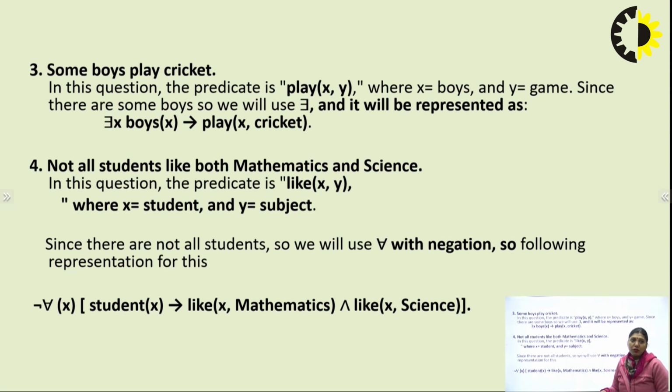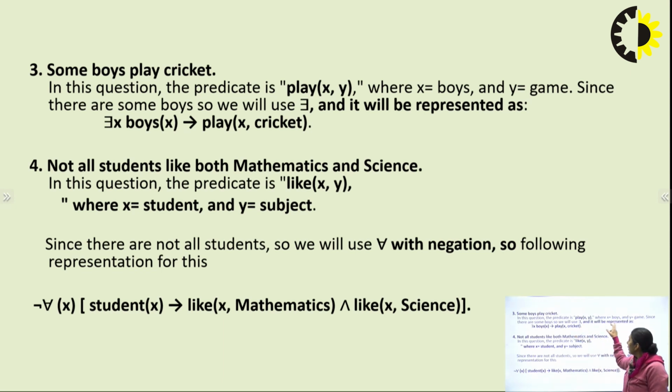So in this question, of course, हमारे पास यहाँ पर दो चीजें आ रही हैं। एक हम बात करें बॉयज की, एक हम बात करें क्रिकेट की। क्रिकेट यानी कि we're talking about a simple game, ठीक है। Some boys play cricket, तो यानी कि plays में आपके पास दो टर्म्स आ जाएँगी, play x, y। आपका x क्या है? वो आपके boys हैं, और y क्या है? हम एक गेम की बात कर रहे हैं, ठीक है बेटा। So since there are some boys, हम कुछ की बात कर रहे हैं, हम यहाँ पे यूनिवर्सल क्वांटिफायर नहीं यूज करेंगे, हम सम की बात कर रहे हैं, हम लिमिटेड कुछ bunch of बॉयज की बात कर रहे हैं, तो इसीलिए हम यहाँ पर यूज करेंगे your existential quantifier.